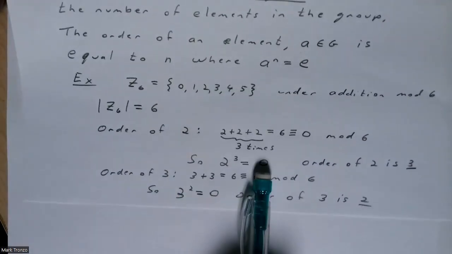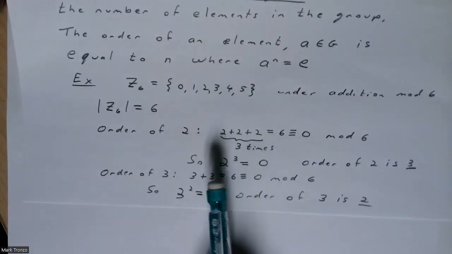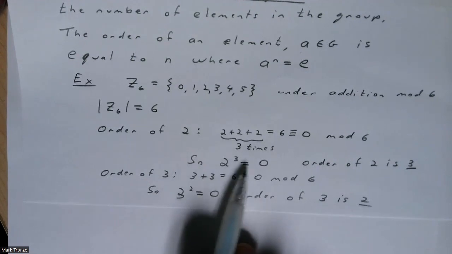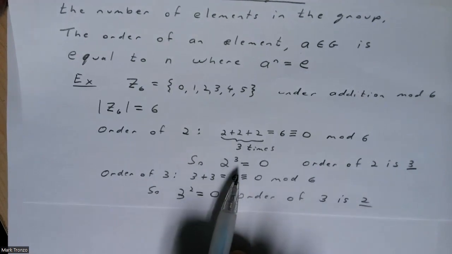Now, one thing I want to emphasize when we talk about the order of an element: this number, like in this case 3, is the smallest number that produces the identity.